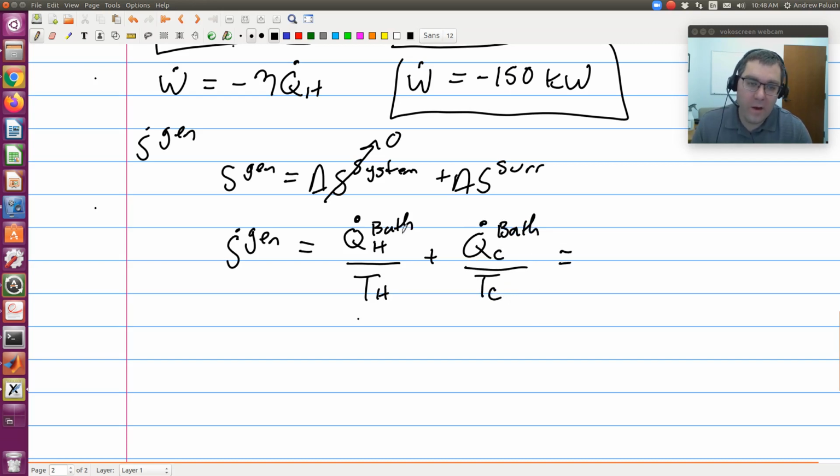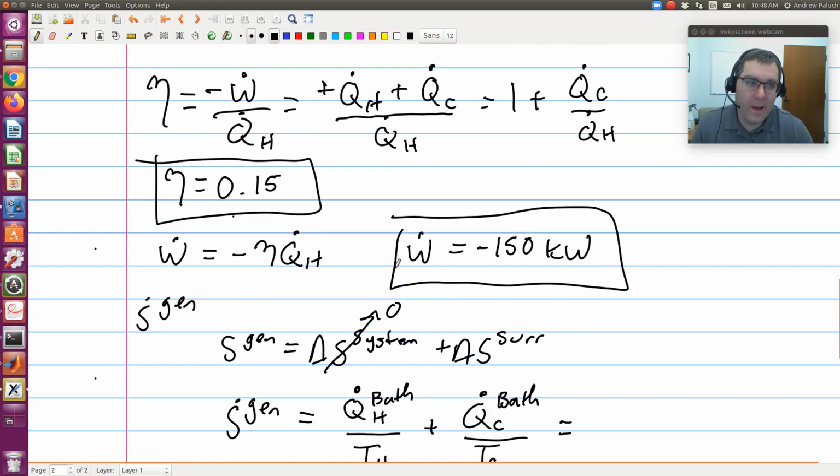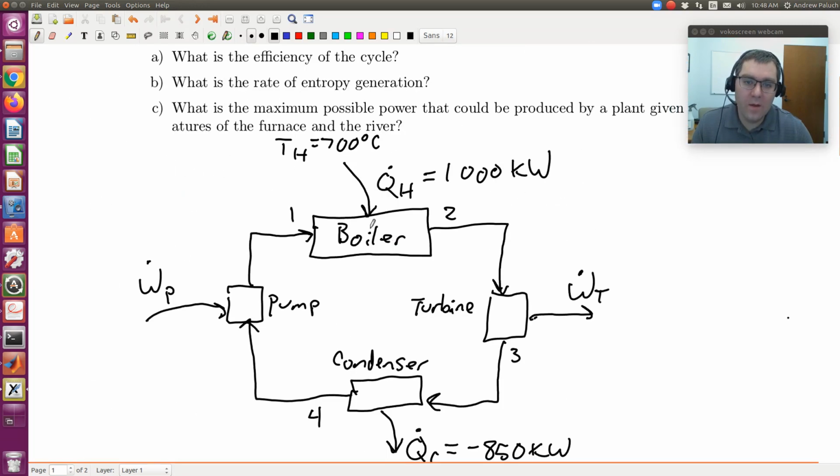Now if I think of my hot bath, the heat that's absorbed by my boiler, which I labeled here as Q dot H, is equal but opposite in sign to the heat of my bath.